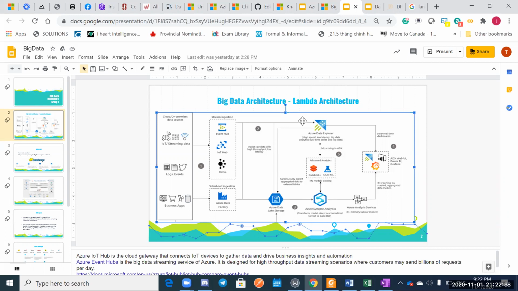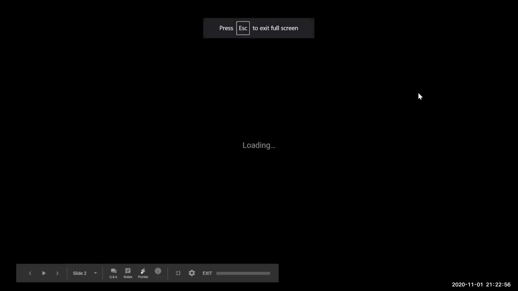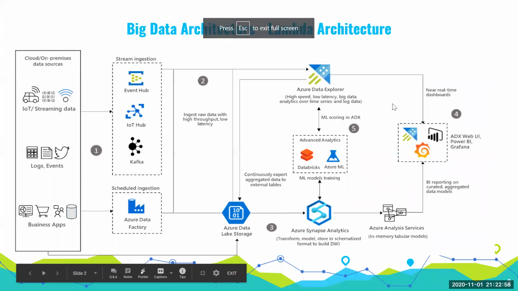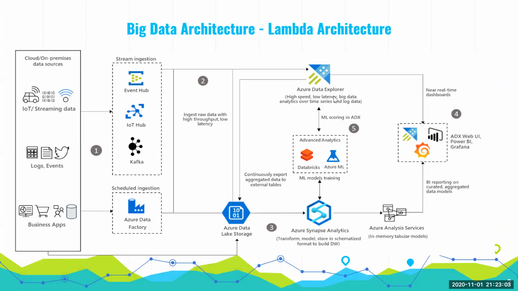And then what you do with the data: you have the transformation path, where there are two transformation steps. Number one is where you query the data and see what is going on. Let me zoom in for you guys. Okay, can you see it better? So you have things like Azure Data Explorer, with low latency, where you can analyze big data with time series.